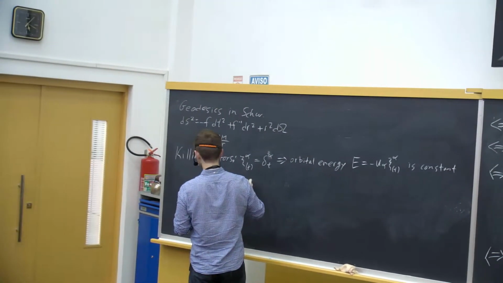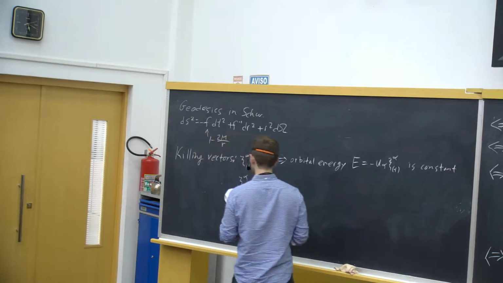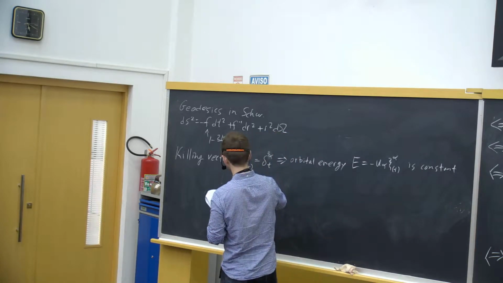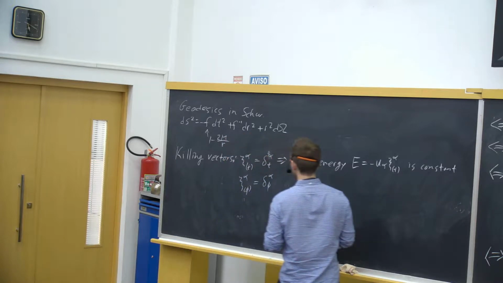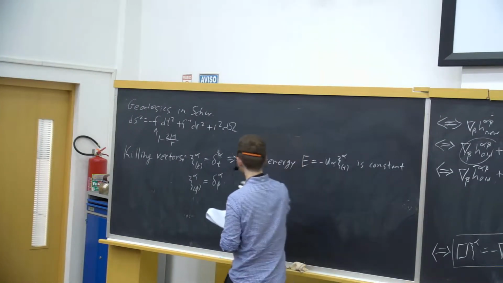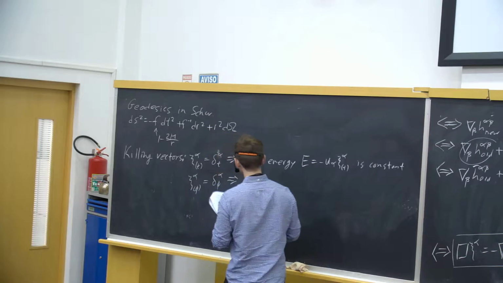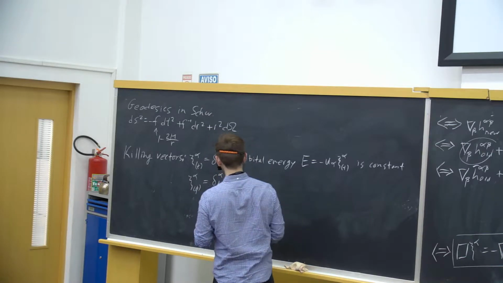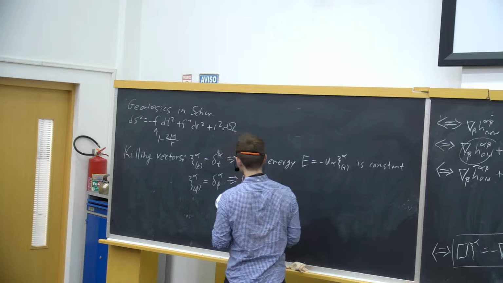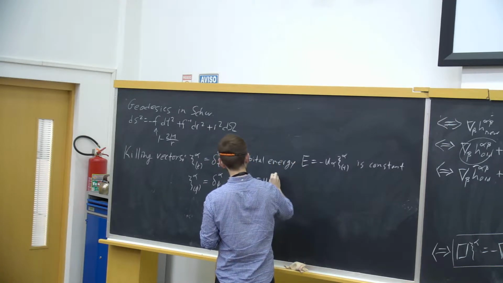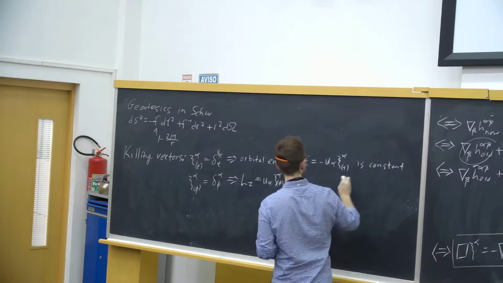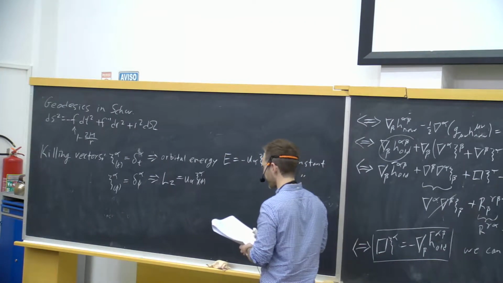Then we have z_phi^alpha, the azimuthal Killing vector, which is just Kronecker delta in the phi direction. That Killing vector tells us that the z component of the angular momentum, which is u_alpha contracted into z_phi, is constant.